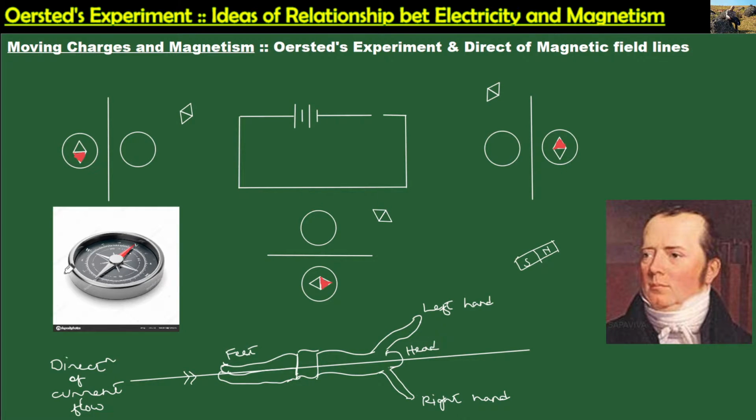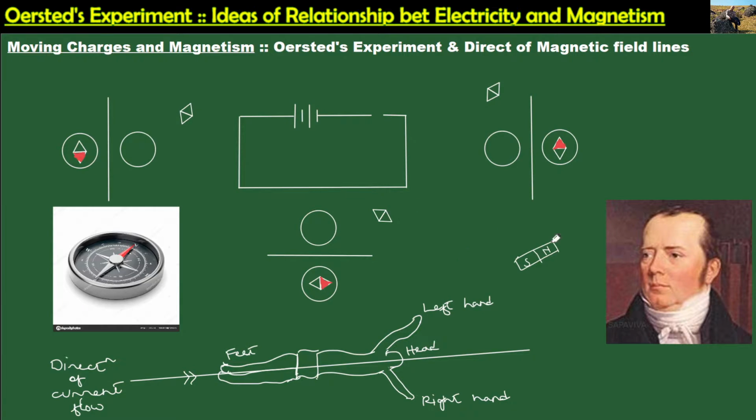Like if I have this magnetic compass, one end of the needle will be the north pole and the other end will be the south pole. The property of this magnetic needle is that its north pole will always seek the north pole of the earth, and its south pole will seek the south pole of the earth.